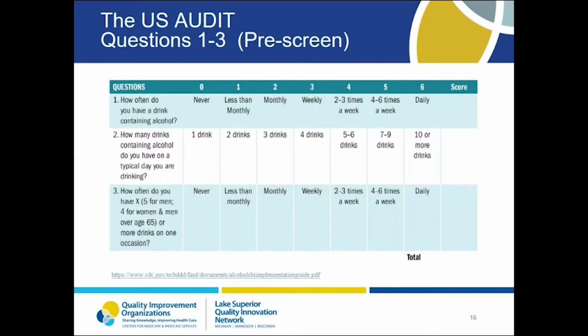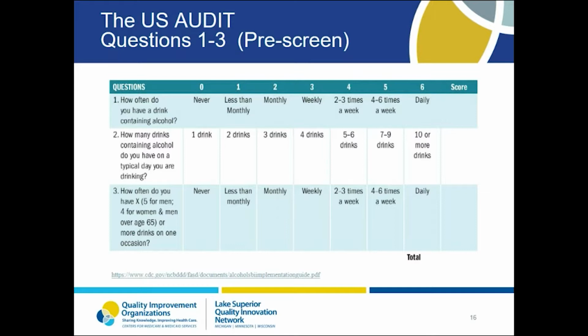So let's take a couple of examples to illustrate how well the US AUDIT 1 through 3 correlates with the NIAAA guidelines. First, we'll use a male who goes home every night and has 1 drink, a beer, whatever, and doesn't really increase his use on the weekends.